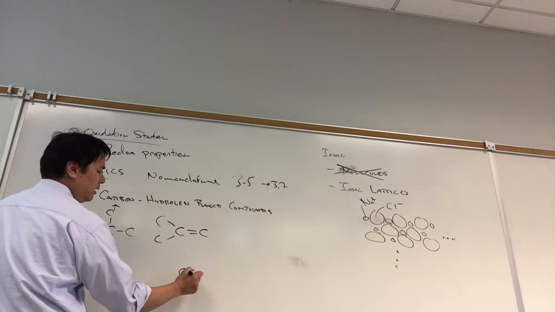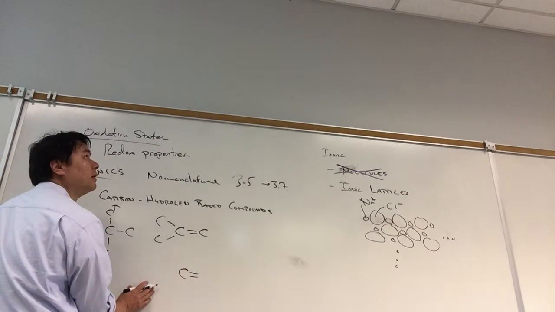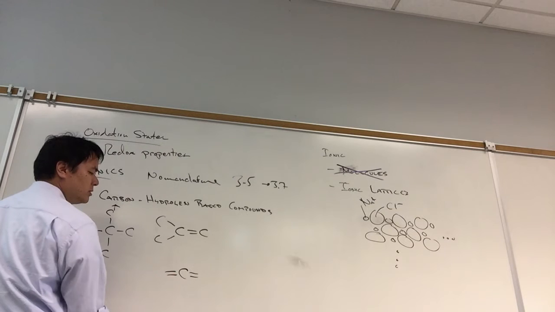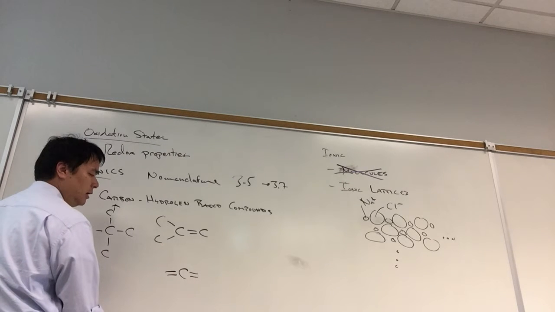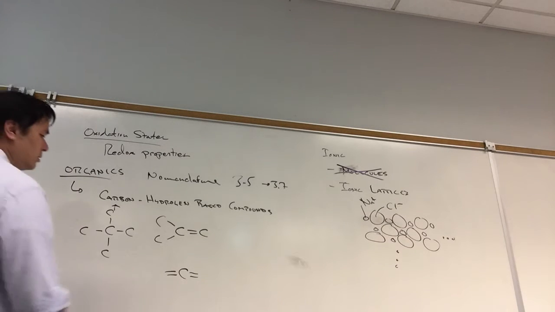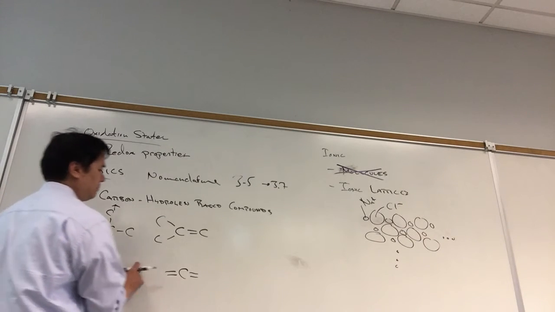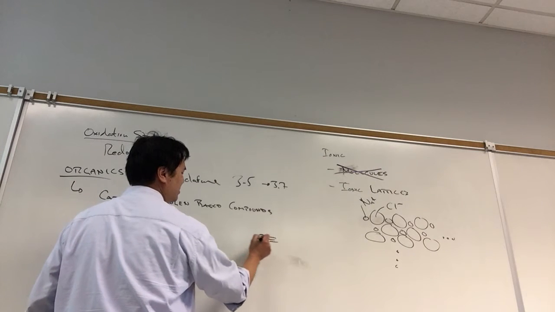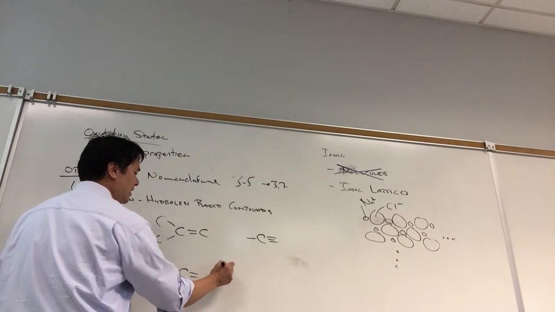Or we could form even two double bonds, like in CO2, although CO2 is what we call an inorganic compound. There are certain carbon compounds that are considered inorganic: CO2, carbonate, a few others. But most of the others are considered organics. We can form a triple bond and a single bond. And so it's a wide variety.